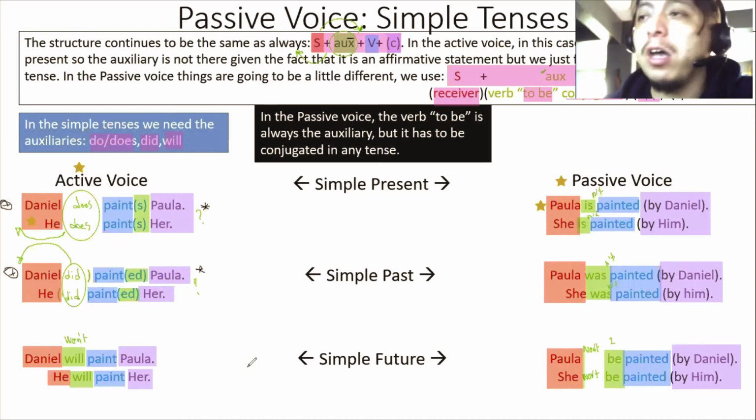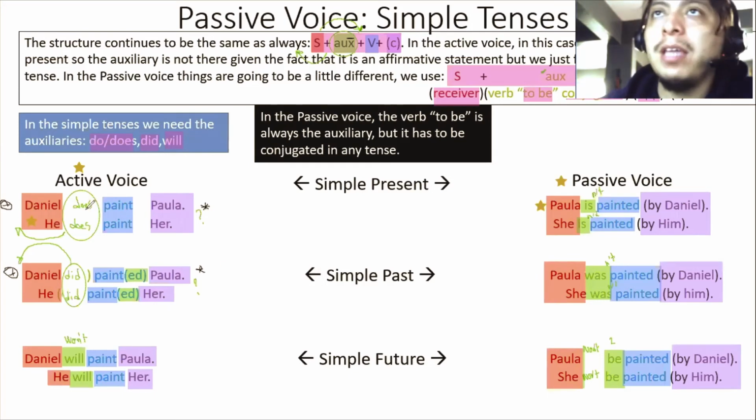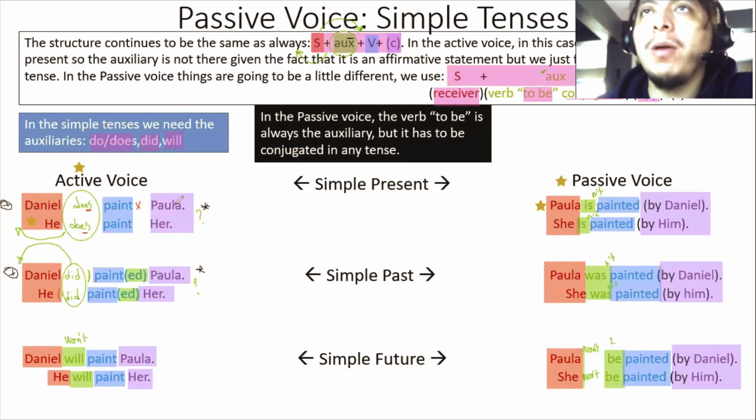When we have does, when we have the auxiliary, because the auxiliary is mandatory, it means that we don't really need to use the S. The S is here, in does, so we don't really need the S here. Does Daniel, in negatives, is the same. Daniel doesn't paint. Does Daniel paint Paula?